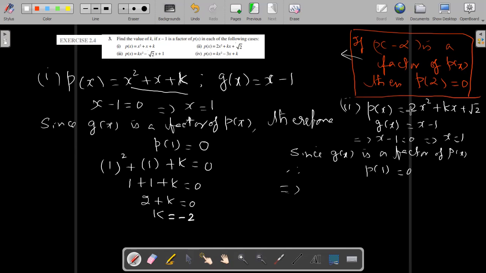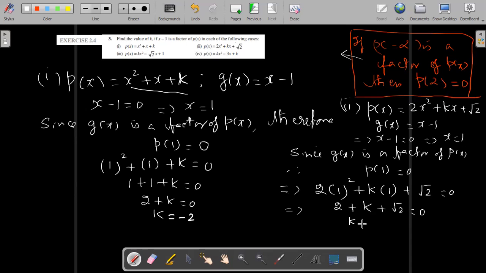Now p(1): 2x square means 2 into 1 square, plus k into x means k into 1, plus root 2 is equal to 0. Multiply 1 square, 1 into 2 is 2, plus k into 1 is k, plus root 2 is equal to 0.